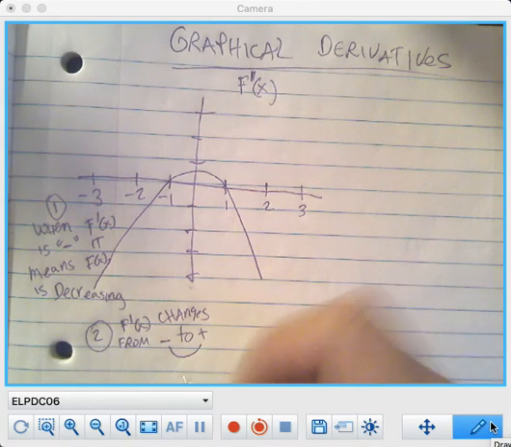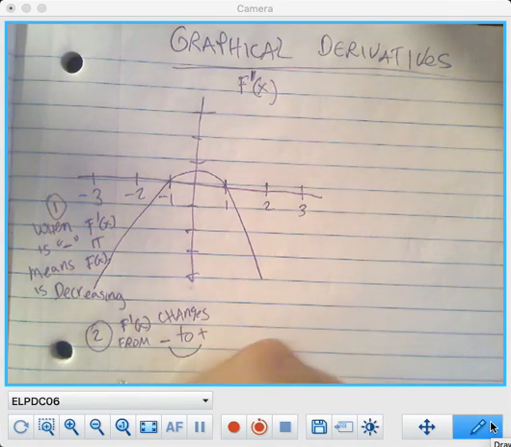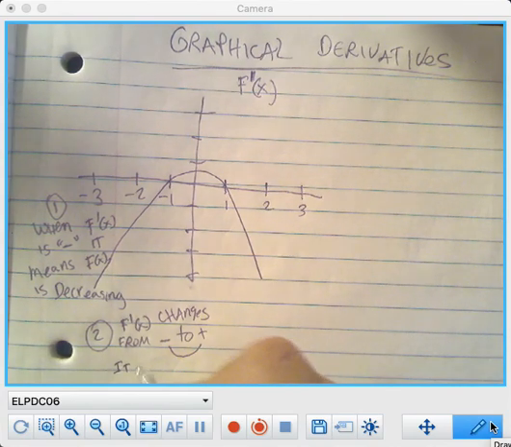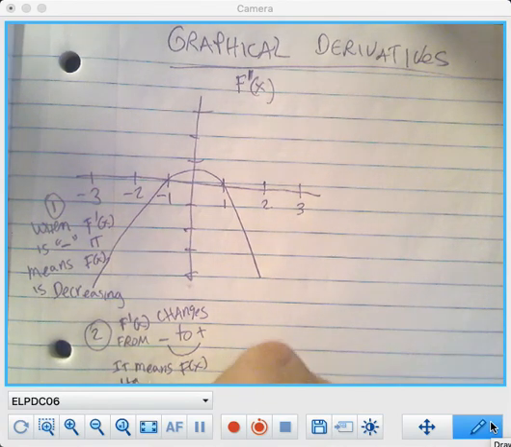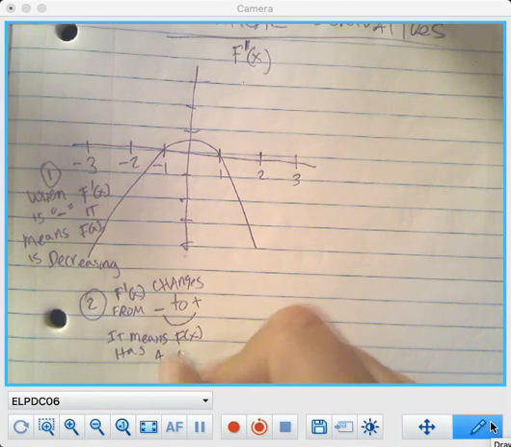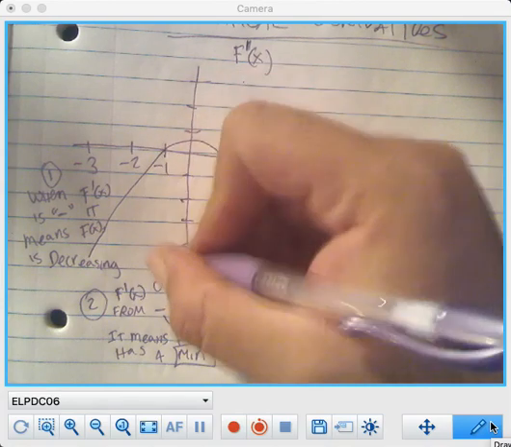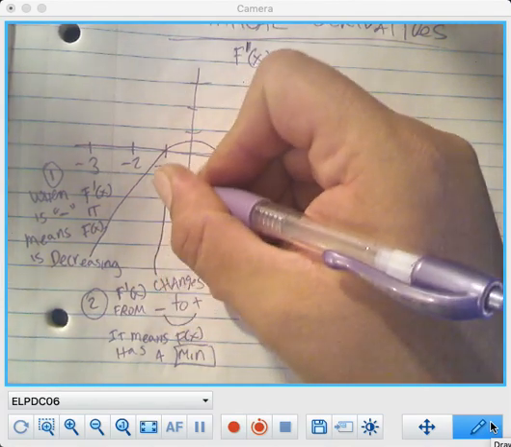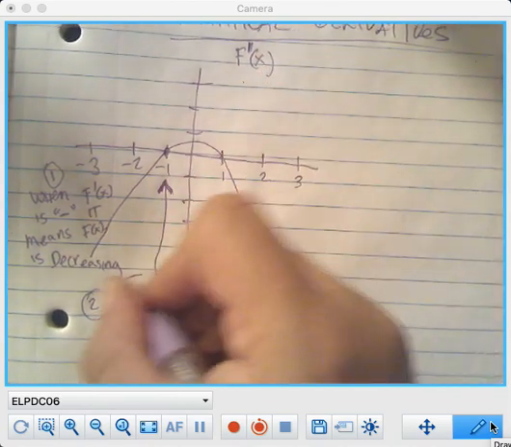If you remember, negative to positive, that means f of x has a min. This happens right there, right here. Okay, that's number 2.